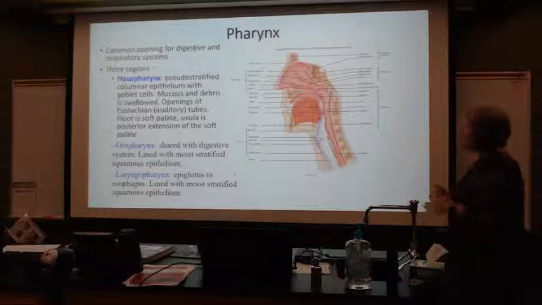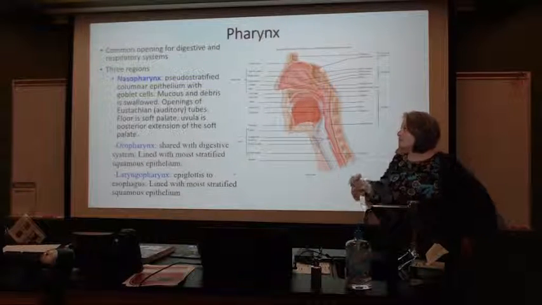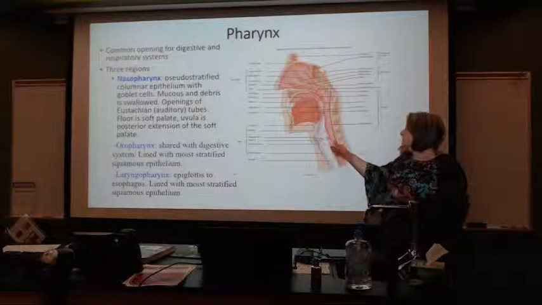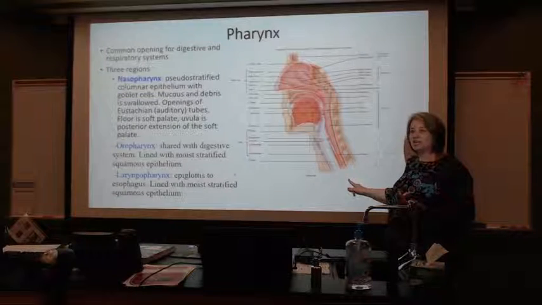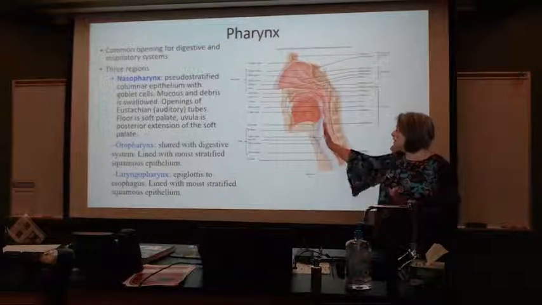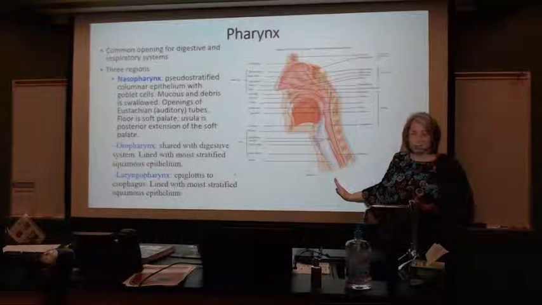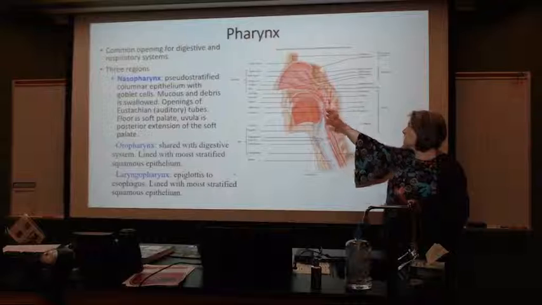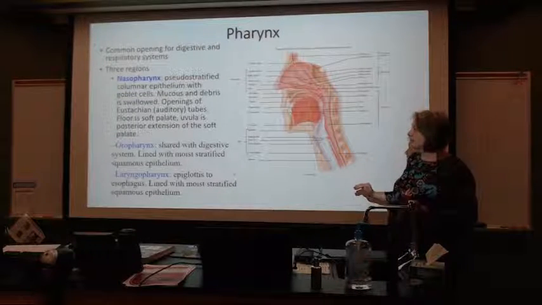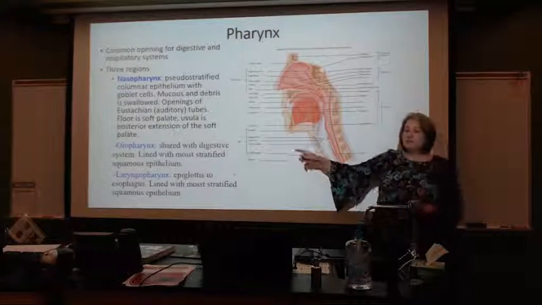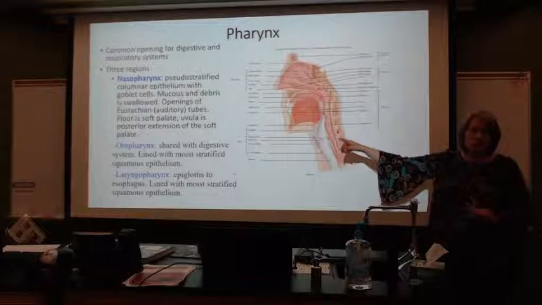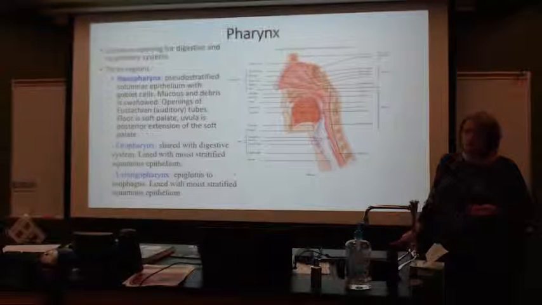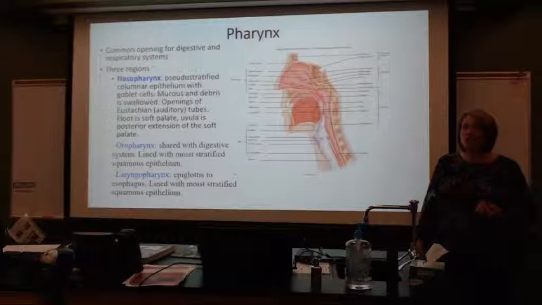As we continue looking at some of this anatomy, we know we have an opening that goes to our digestive system and an opening that needs to go to our respiratory system. So the regions that make up areas in the respiratory system are the nasopharynx region, the oropharynx region, and the laryngopharynx region.